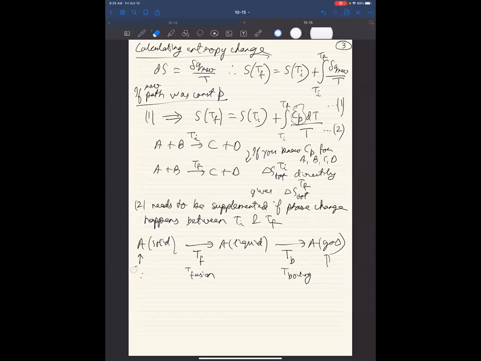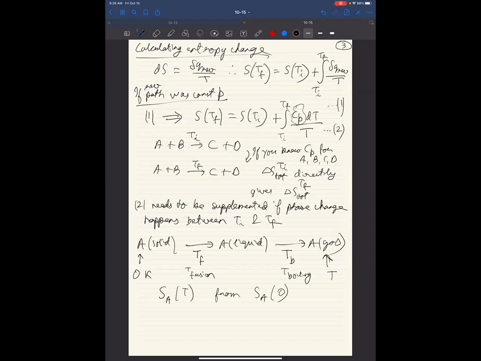Actually even better, let's say I have given you the entropy of A at 0 Kelvin, okay? And you know the heat capacity for all of this. You know the heat capacity for A in its solid form, its liquid form, and its gas form. And I ask you to calculate the entropy of gas at some temperature T. So I want S_A at temperature T from S_A at 0 Kelvin.